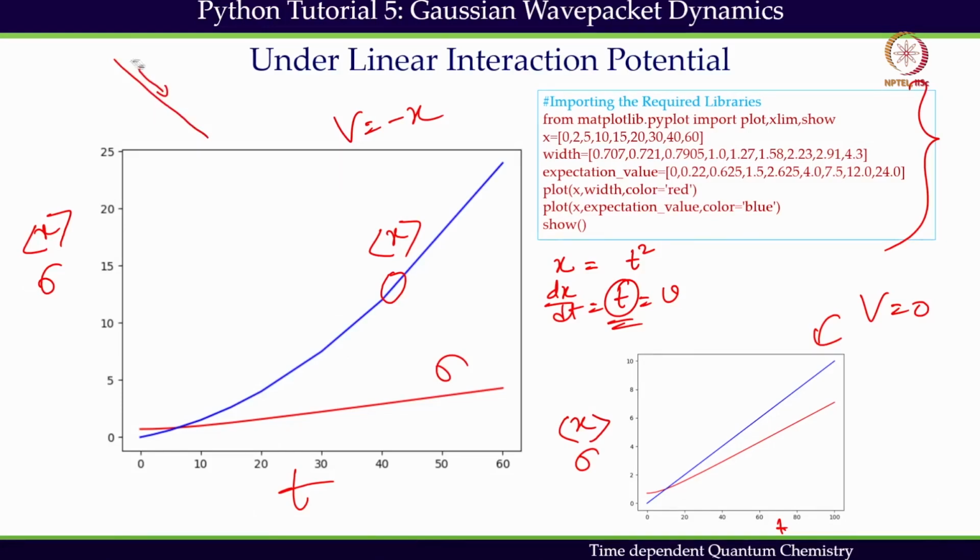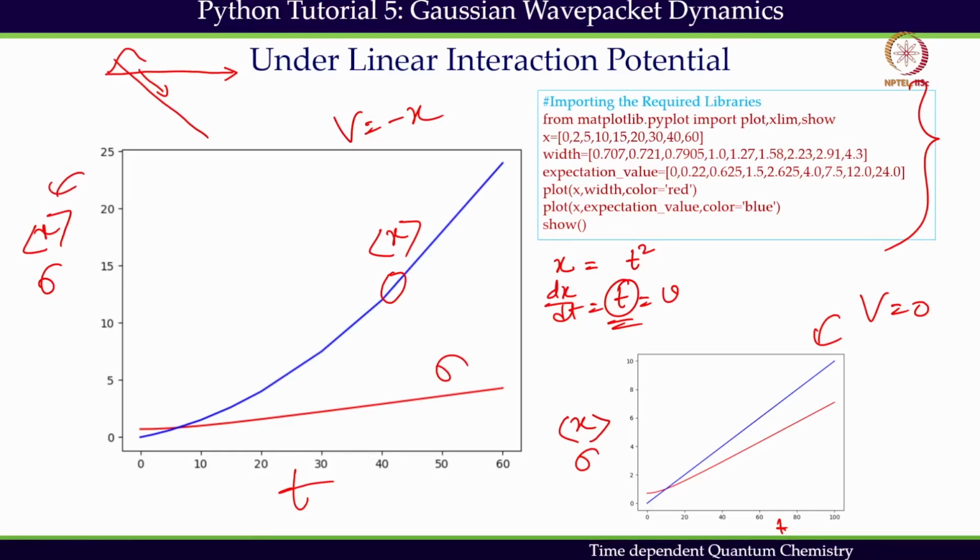Similarly, if a wave packet is created here, when the wave packet propagates in space, it will be accelerating. Its velocity is increasing, and that's why the mean position, the center of the wave packet, is nonlinear with respect to time.